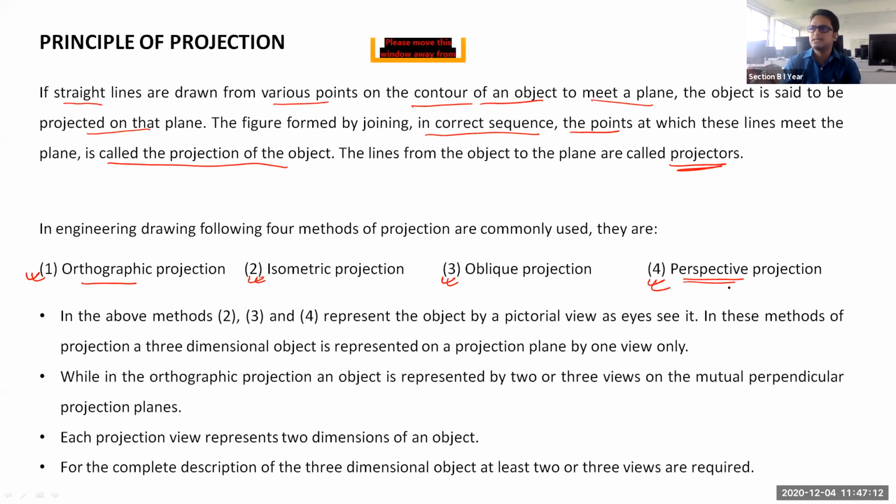The point that you have to keep in your mind is that orthographic projection is for 2D representation. Rest everything, the isometric view, oblique view, and perspective view, these all 3 are representing your 3D views.